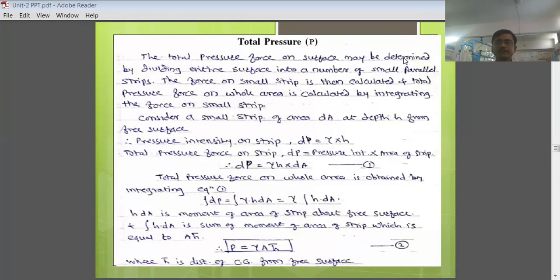Or not necessary? Mayur, your voice is not audible. Please speak loudly. No doubt, sir. Okay, should I proceed ahead? Move ahead.